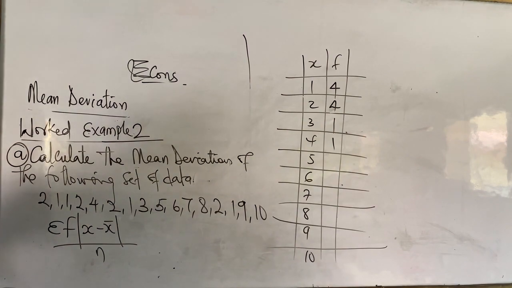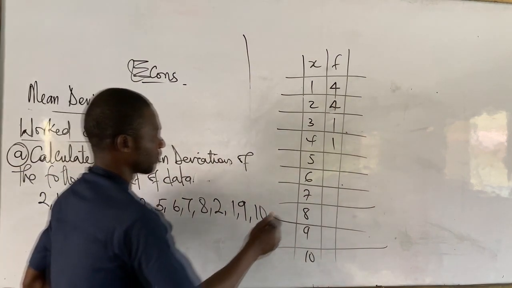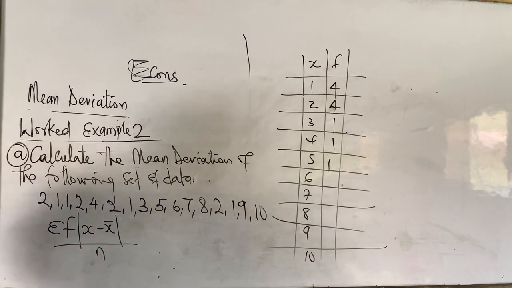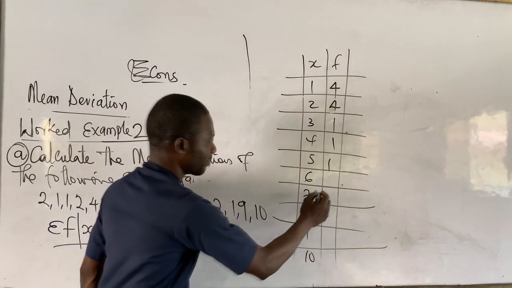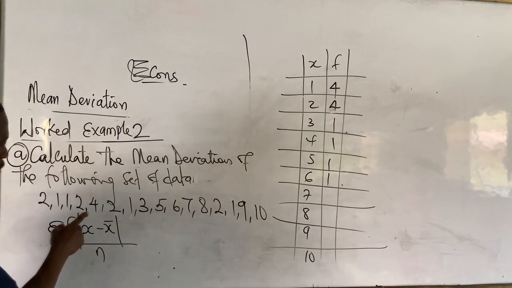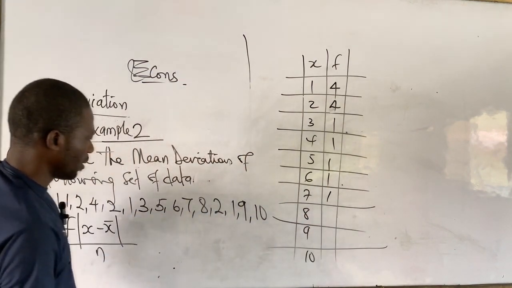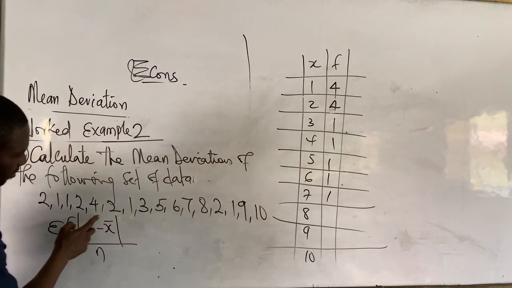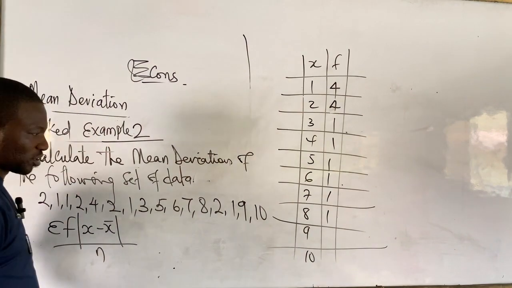So quickly, let's look at 5. How many times does 5 appear? We have 1. How many times does 6 appear? We have 1. How many times does 7 appear? We looked through the data and checked. We have just 1. Let's check for 8 also. 8 is not that far. We have 1. We are also going to check for 9.